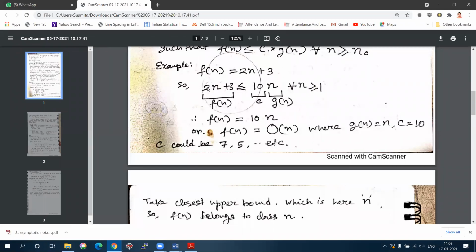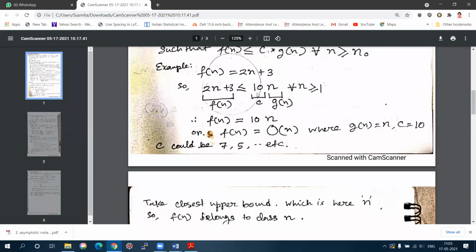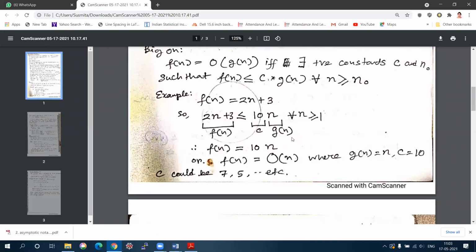If that is so, then 2n plus 3 equals f(n). 2n plus 3 is f(n), and in 10 into n, 10 is the constant term, so I am writing c, and here n equals g(n). So I am saying g(n) equals n. So what can I write now? f(n) less than or equal to 10n, then f(n) is less than or equal to c into g(n), where c is 10 and g(n) equals n.